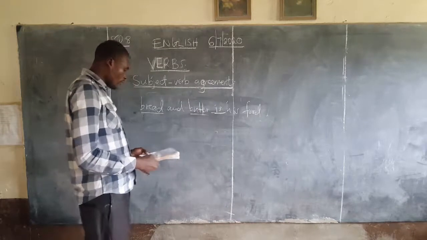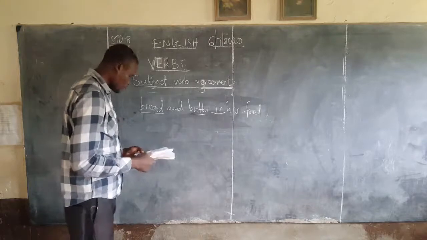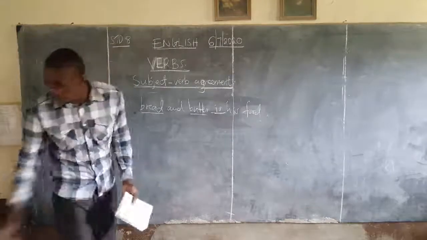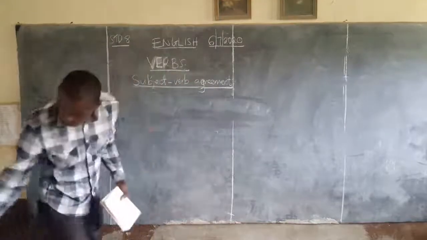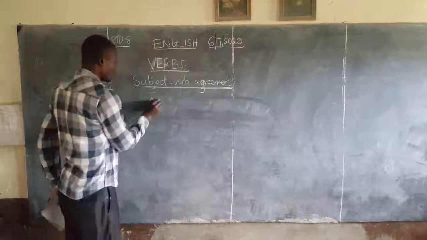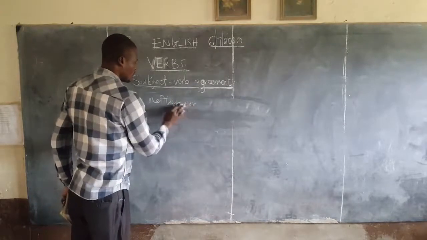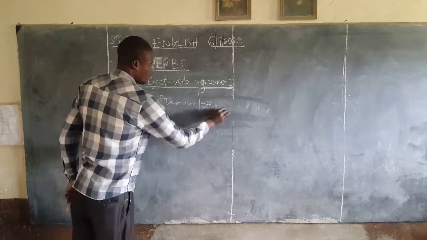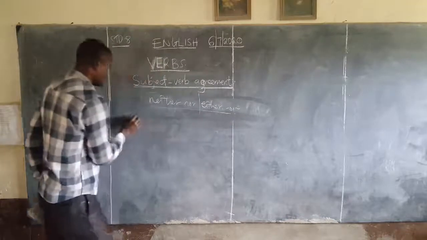So we also use a singular verb in that level when we are talking about uncountable nouns. And then our next category is when singular subjects are joined with either or neither nor. This one is a common one. I'll just give an example.